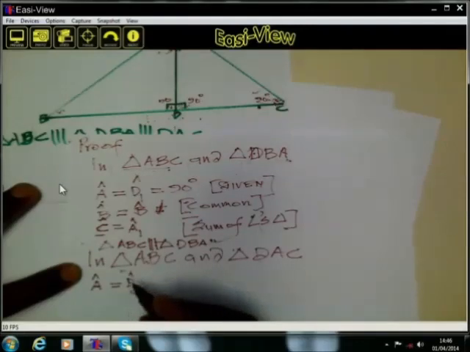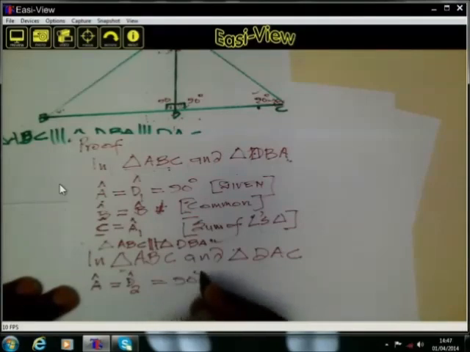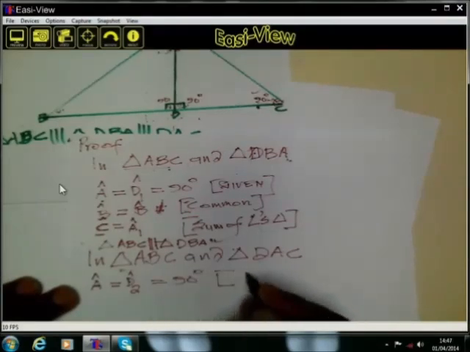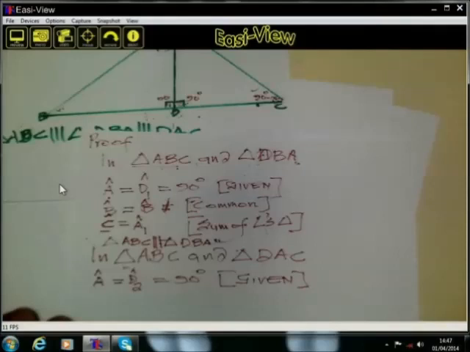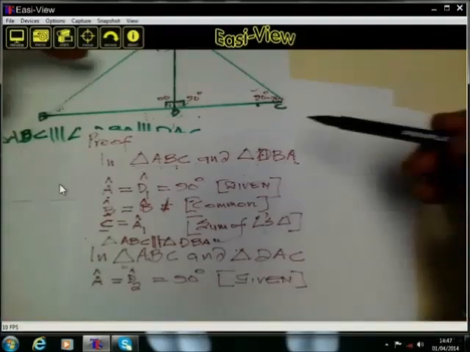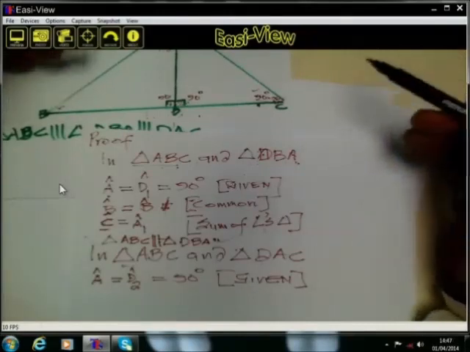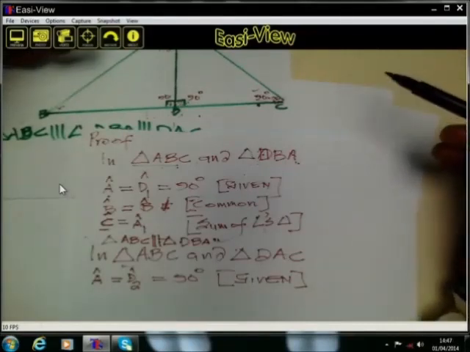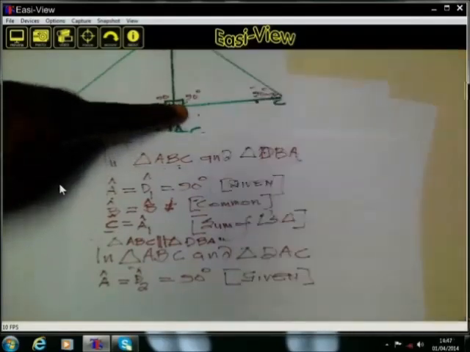The reason is both of them are equal to 90. And fortunately we are given that. Their magnitude is 90. That is the first pair of angles that we have identified to be equal in triangle ABC and triangle DAC.